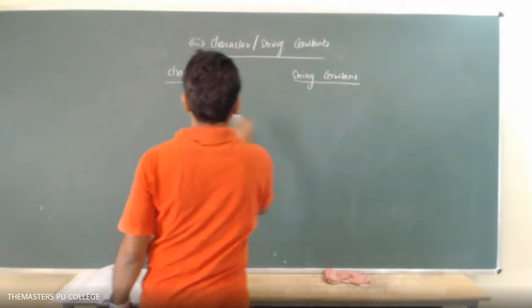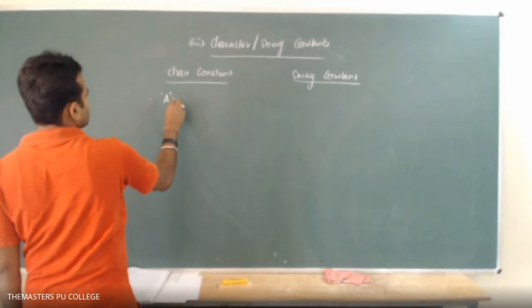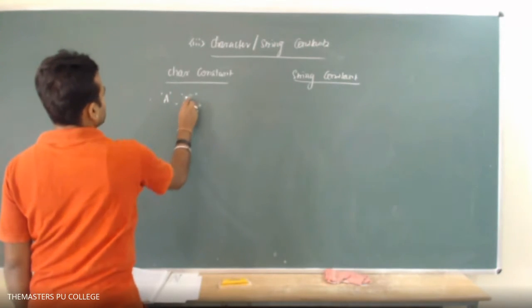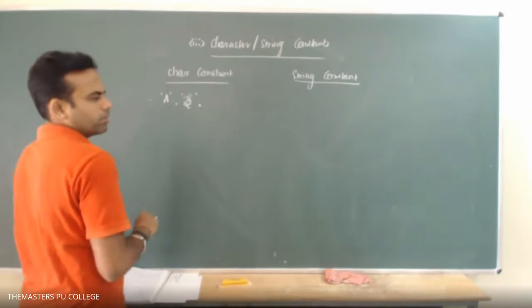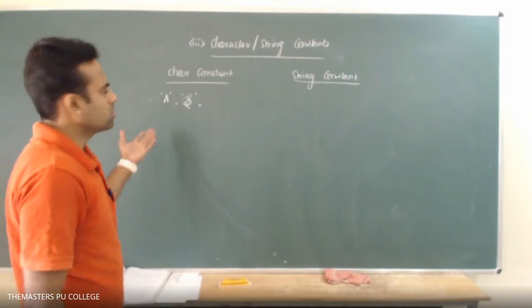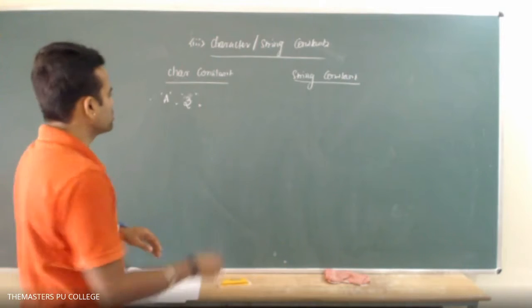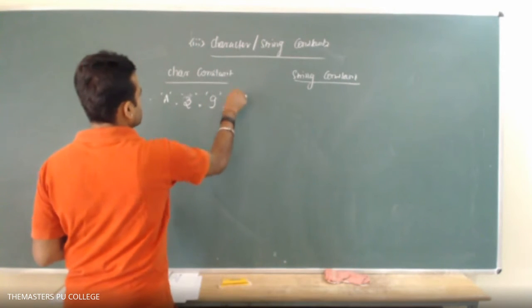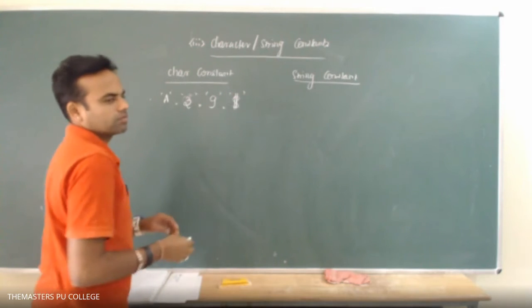The character may contain small letters, capital letters, uppercase and lowercase, and also digits and special symbols.